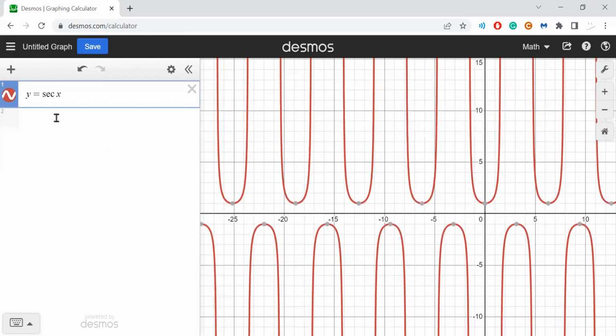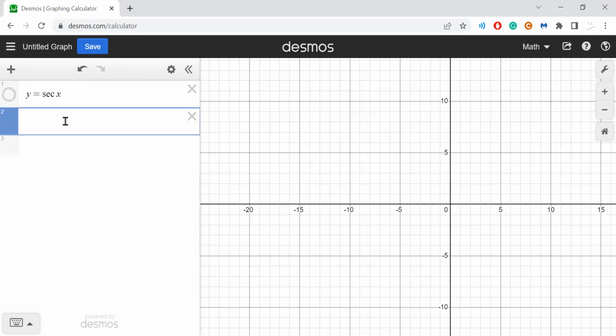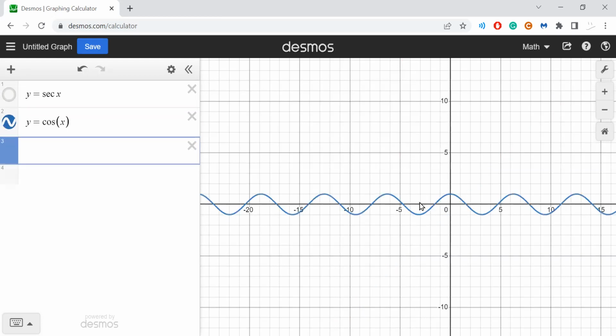What is secant x? Secant is 1 over cosine. You should know how to draw 1 over cosine already, because the reciprocal function 1 over f of x is taught in A level H2. This is cosine x, right? Down, up. Down, up. So secant is really just 1 over cosine.